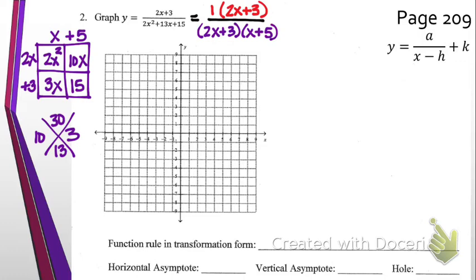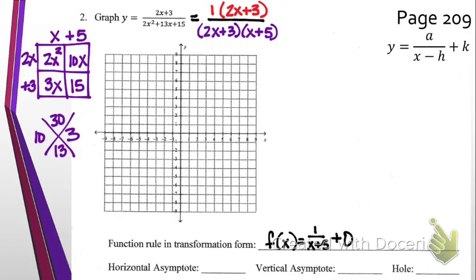So what cancels out? What's upstairs and downstairs that I can take out? 2x plus 3. So your transformation form or your function rule is just going to be f of x equals 1 over x plus 5. And then you have an invisible plus 0. So that's what we have to graph. So go ahead and graph that out.